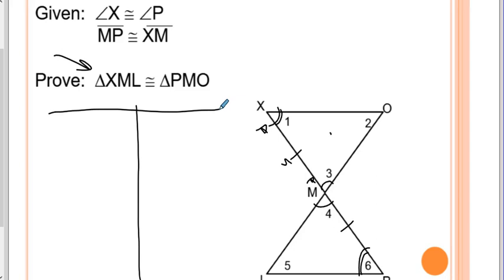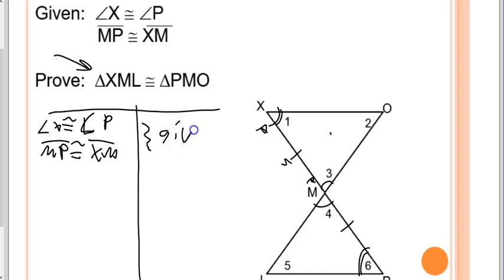Now, what we do right off the bat is we say what's given to us. Angle X is congruent to angle P, and we say MP is congruent to XM, and we say given, because that's what was given to us.